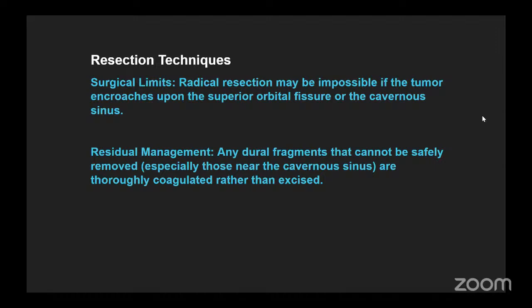We have already discussed that the superior orbital fissure is a difficult region when we talk about GTR. The cavernous sinus is also a difficult region. There are authors that say if the meningioma is within the cavernous sinus, then GTR is precluded; send the patient for SRS postoperatively.